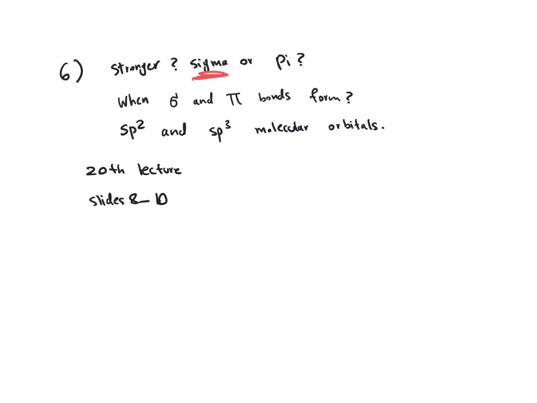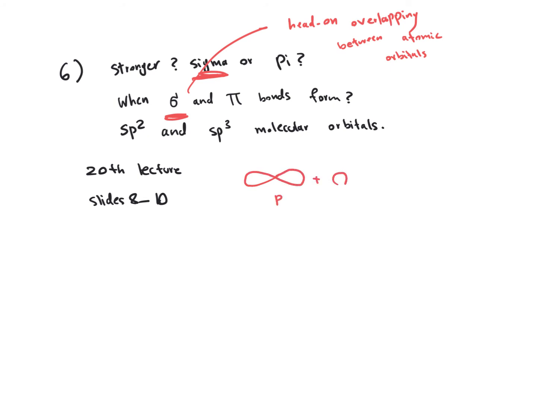And they are the strongest type of covalent chemical bonds. And sigma bonds are formed by head-on overlapping between atomic orbitals. Meaning that if we have, like, p orbitals, and this is, excuse my sloppy drawing, p orbital plus s, right?